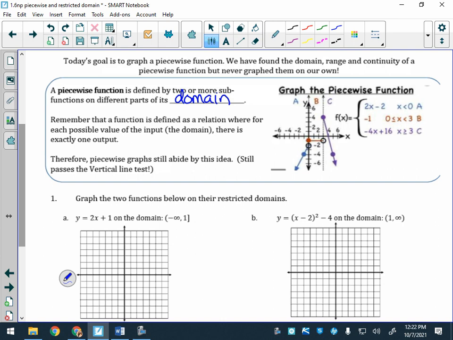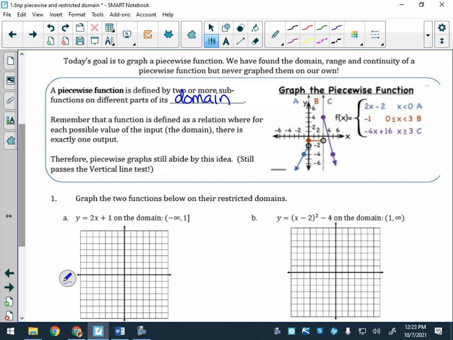Positive linear function, horizontal line, and a negative linear function. However, the domains are different. If you look at this graph, when x is less than 0, if I plug in 0, my starting point is (0, -2), and it's an open circle because it's not equal to.